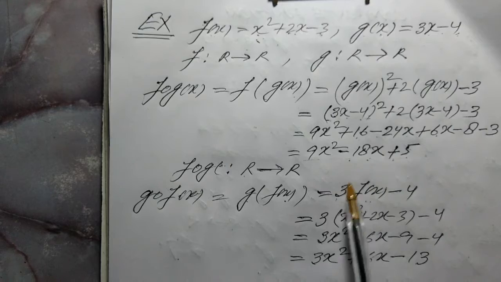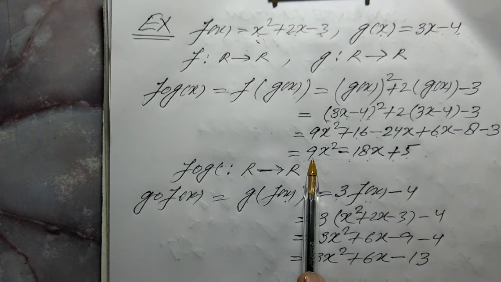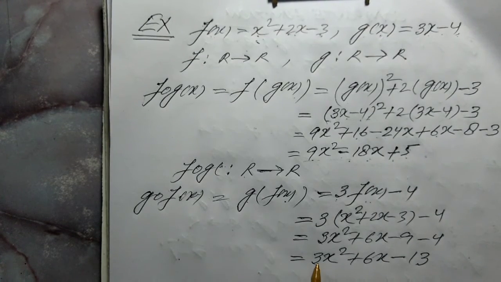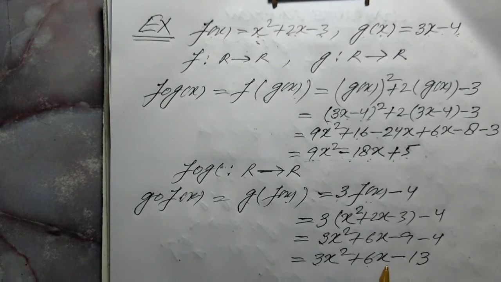So here in this case, fog(x) is equal to 9x square minus 18x plus 5, and gof(x) we get 3x square plus 6x minus 13.